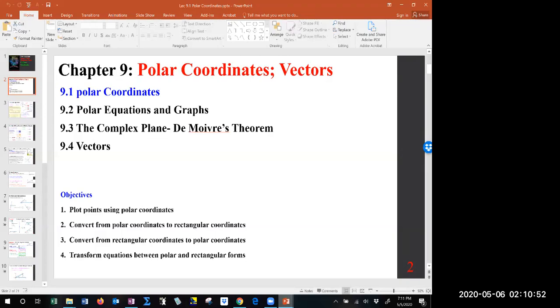So in this section, we're going to look at plotting points using a different coordinate system known as polar coordinate system, and convert from polar to rectangular and vice versa. Okay, we do the same thing when it comes to their equations. So this is the synopsis of what we are going to cover in this section.